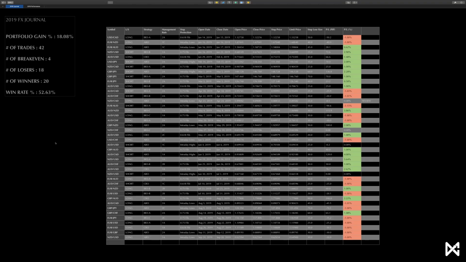So that's just simple basic information that doesn't really give us much. It just gives us potential clues of where we should be focusing, where we should be reviewing. For this trader, as an example, one of the first major clues is the number of trades taken. As a day trader, this trader averages less than 5 trades per month.